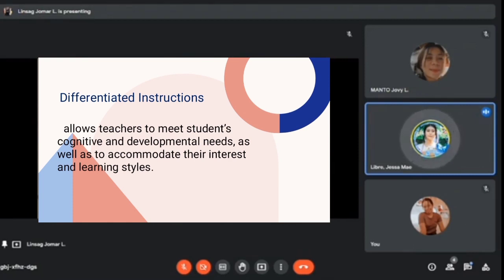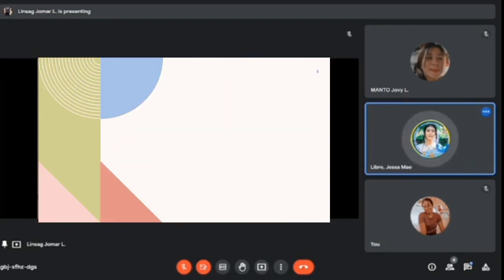Differentiated instruction is when a lesson is tailored to meet students' learning style and needs, because we cannot expect our students to all be on the same ground, and differentiated instruction is there to ensure that all students can best learn in their preferred way. So now, these are the key principles of differentiated instruction.